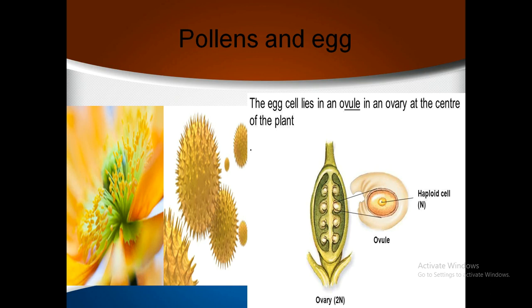And in the next picture there is an ovary which is diploid or 2n in number, like the full number of chromosomes, and the enlarged picture of the ovule, in which the haploid cell is n, in which the half number of chromosomes is contained, that is the egg cell.